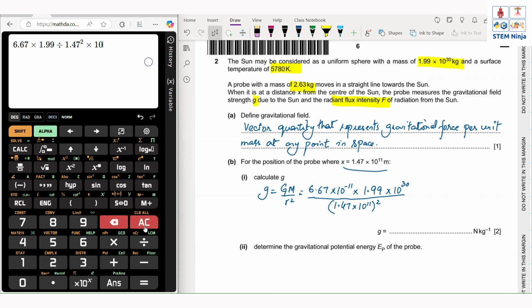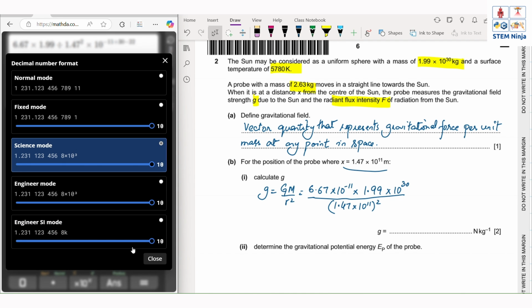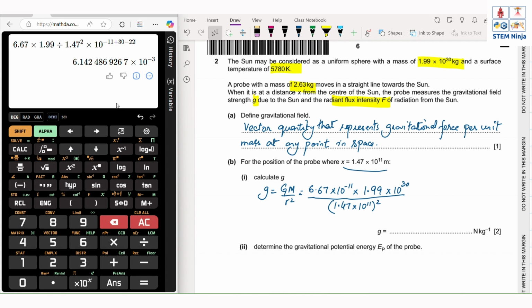Now we deal with the powers of 10: minus 11 plus 30 minus 22, because 10 raised to power 11 whole squared becomes 22. Converting to standard form, this becomes 6.14 times 10 raised to power minus 3.